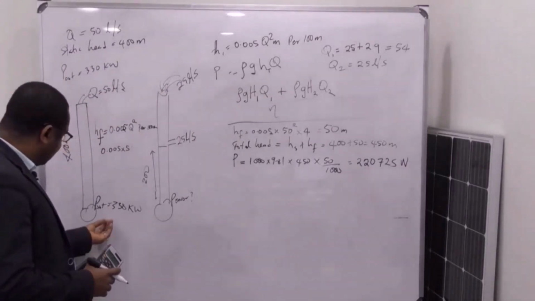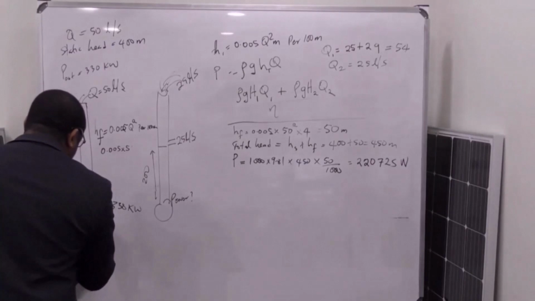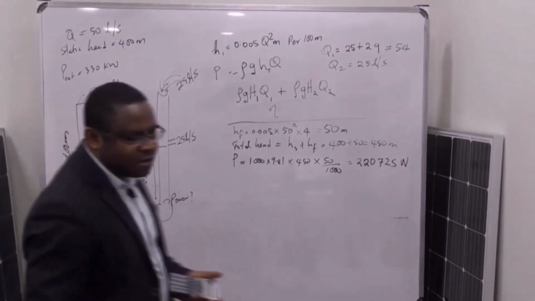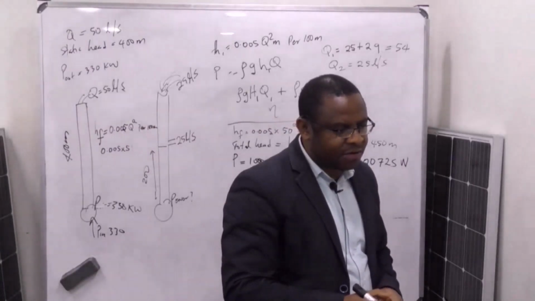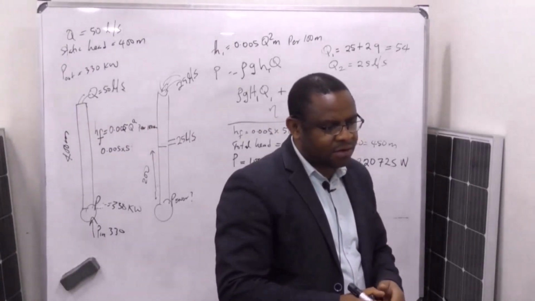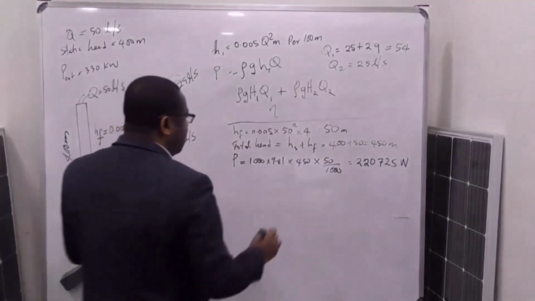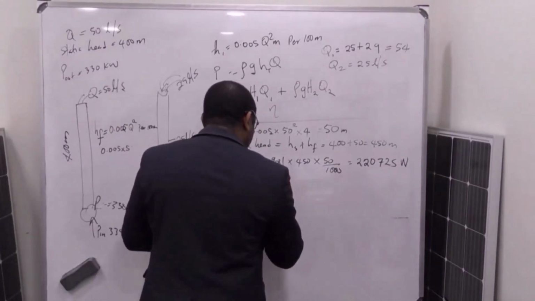Look, this is power, what is required is P in, is 330, right? 330 kilowatt. Where is it? Yeah, 330 kilowatt.